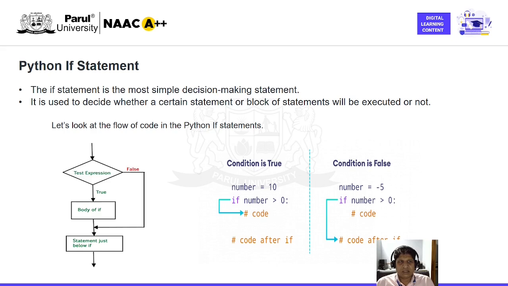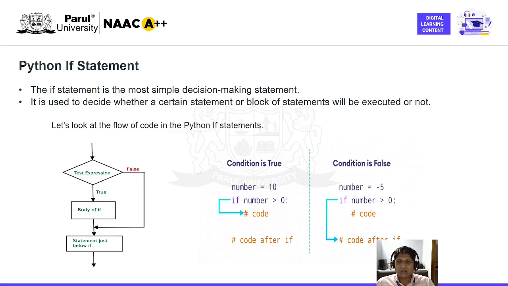Python if statement. If statement means we provide an expression. I hope you remember the expression. Expression is a statement which produces some output, which produces some new value from the inputs. In the if statement, when execution starts, our execution starts from top and goes to bottom.